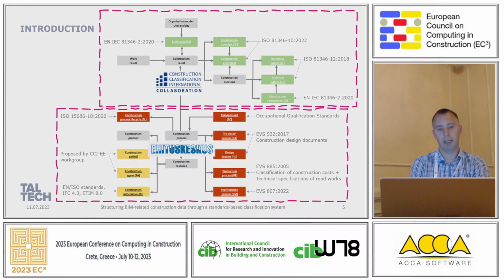You can also see what the source data for all those tables has been. Those core tables have been developed by the Construction Classification International Collaboration, so this is the international part, and not just Estonia, there are other countries as well.